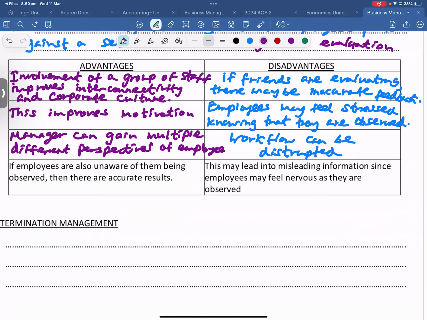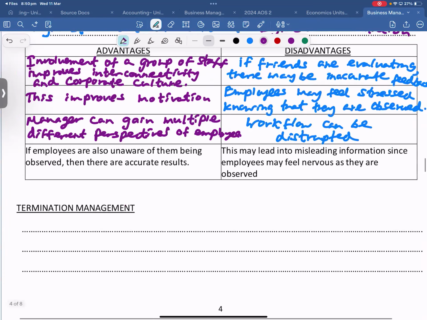And then management by objectives is where the employee and manager sit down to produce goals based on business objectives. And then self-evaluation is where the employee evaluates themselves. And then employee observation is where everyone observes. Correct.